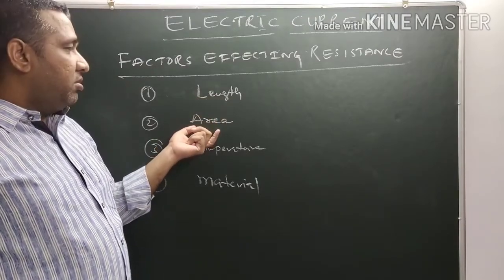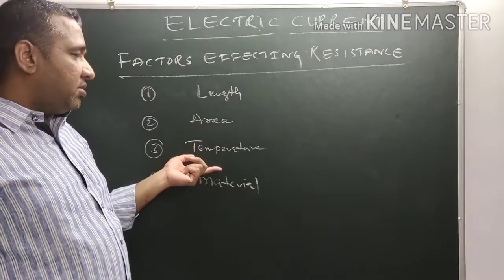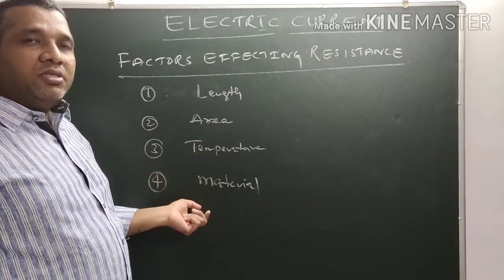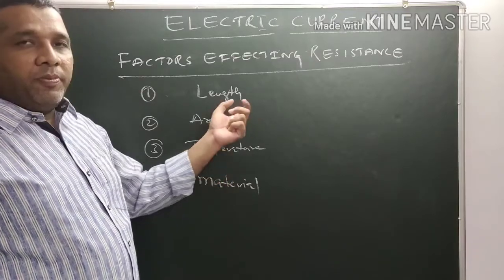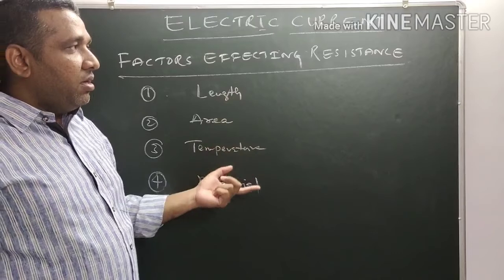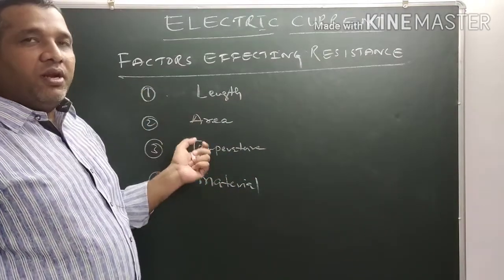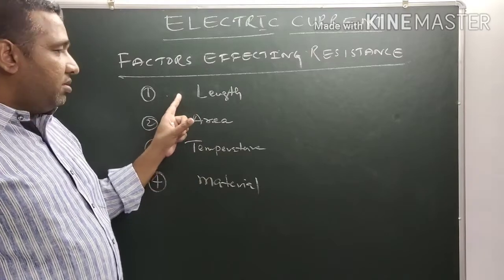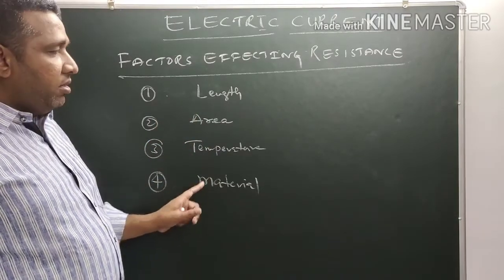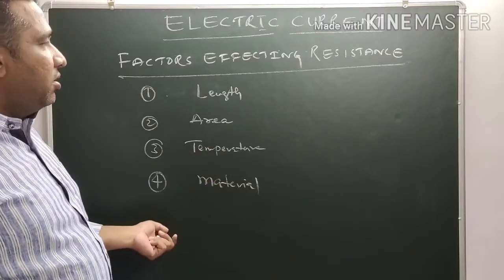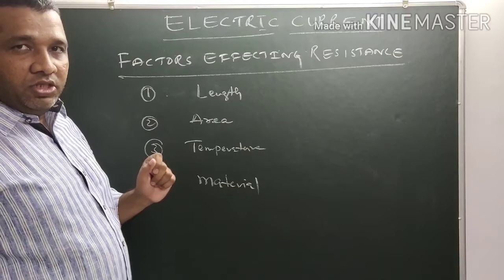It also depends on its area, and it also changes with the temperature, and with the material, the type of material used to prepare a resistor. So the four important factors on which the resistance value will change are length, area, temperature, and the material with which the conductor was made.